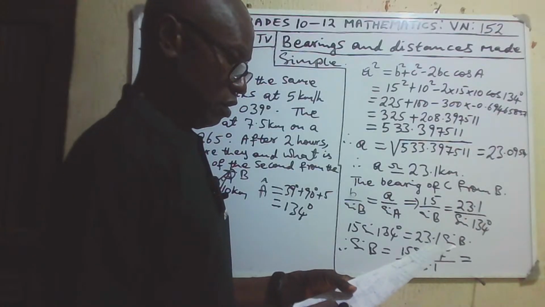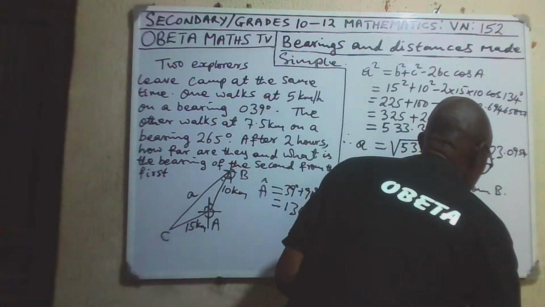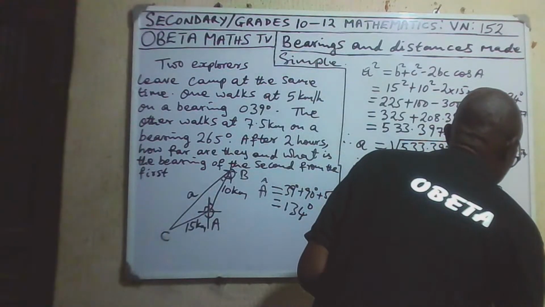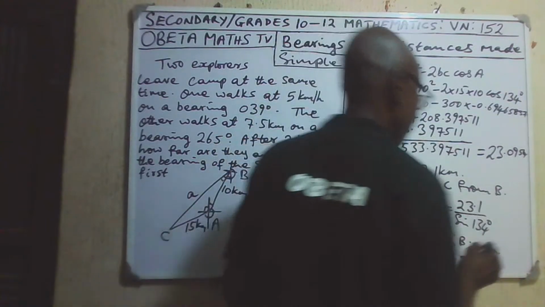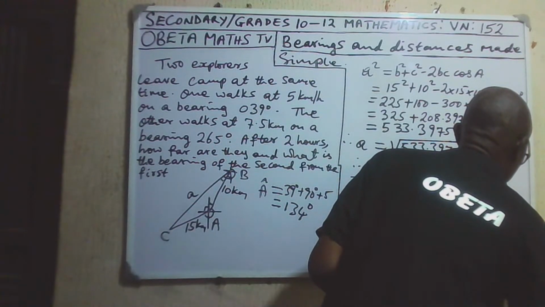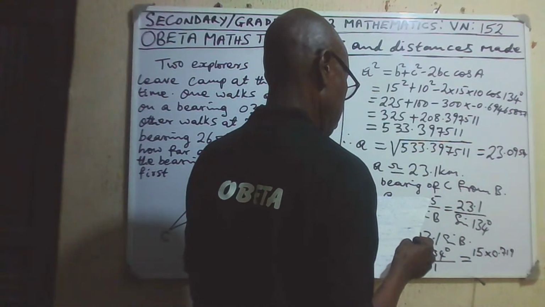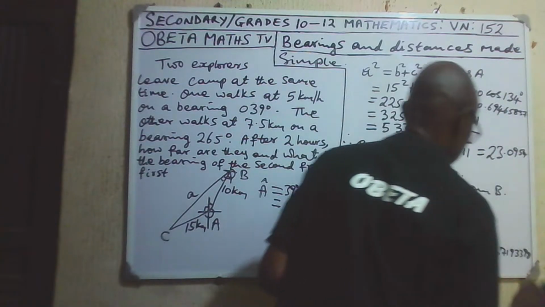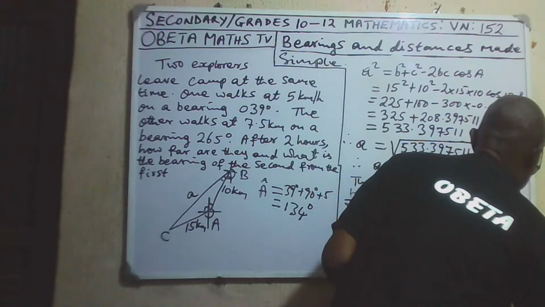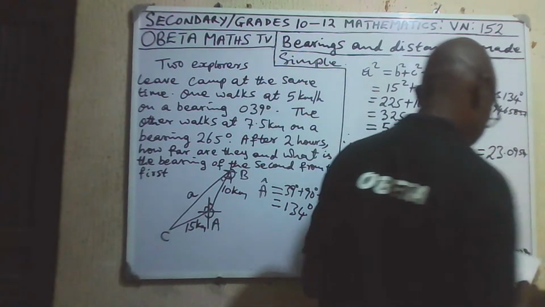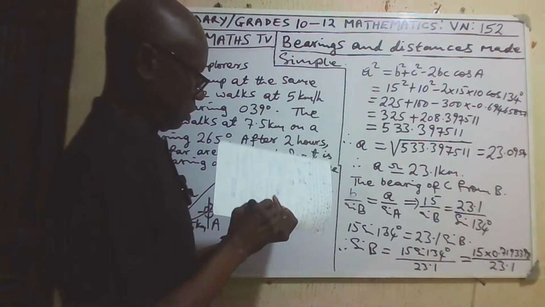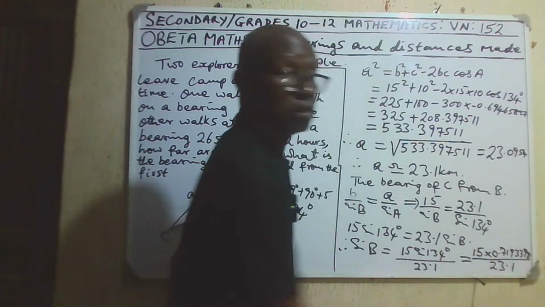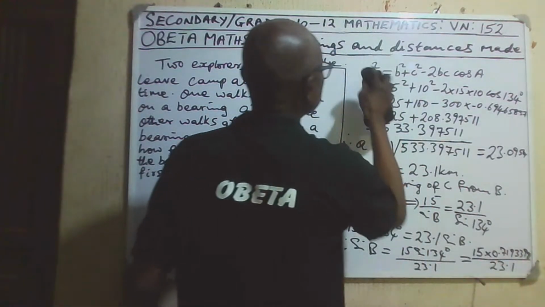That will give us 15 times 0.7193398, then we are dividing by 23.1.